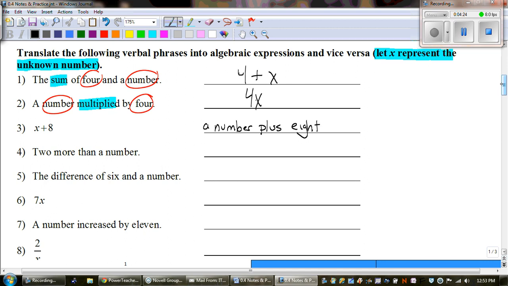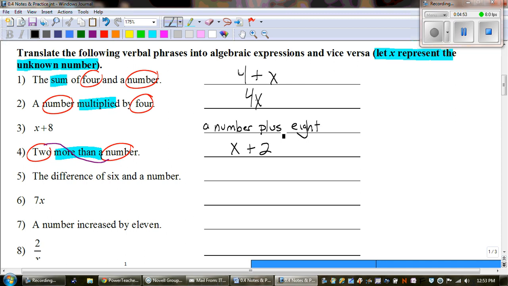All right, 4. 4 says 2 more than a number. So we've got 2, we've got a number. It's telling us what to do. But did you guys know that more than is something where we have to switch the order? Yeah, we have to flip that around. So when we write it, it's x plus 2. Same thing with less than.